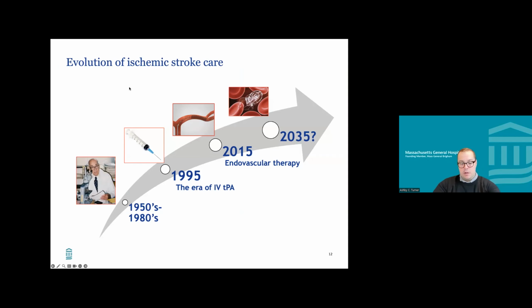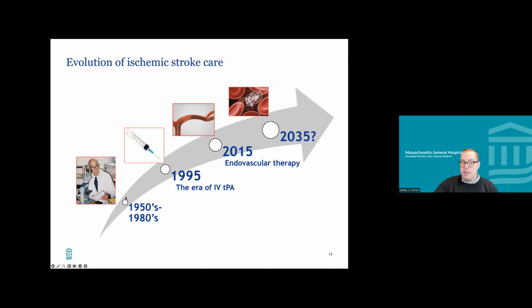So, let's talk about the evolution of stroke care as we consider the topic of treatments. From the 50s through the 80s, there was a lot of research, and a lot of it was done at Mass General, and Dr. Miller Fisher was behind a lot of those paramount publications.